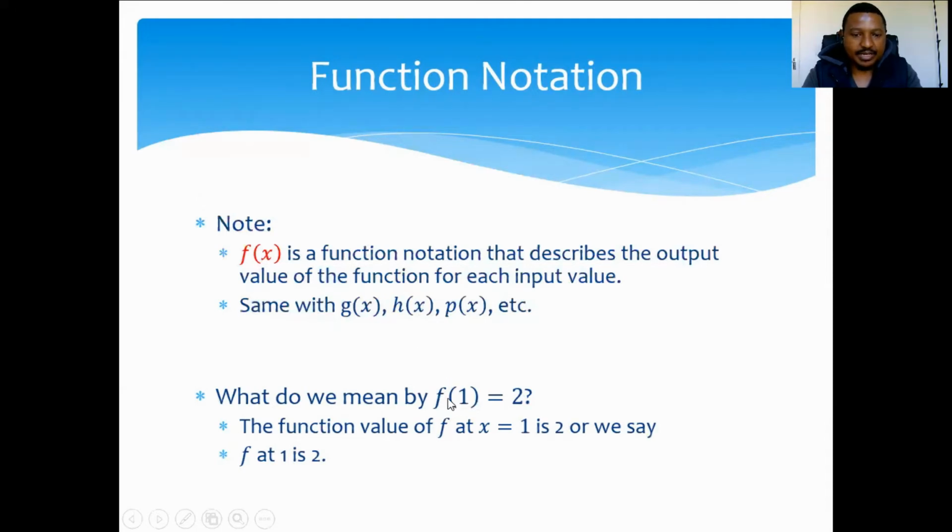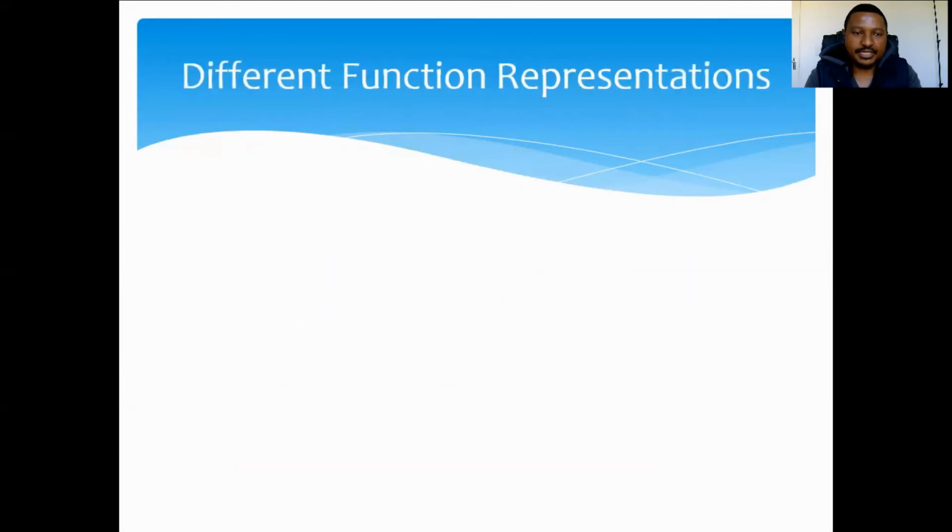If maybe it was f of x equals x plus 1, that means in the place of x you replace it with 1, and then you'll have 1 plus 1, which equals 2. So let's clear up that little bit of confusion that is mostly made by learners most of the time.